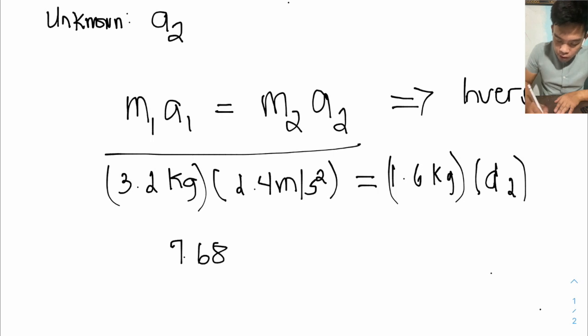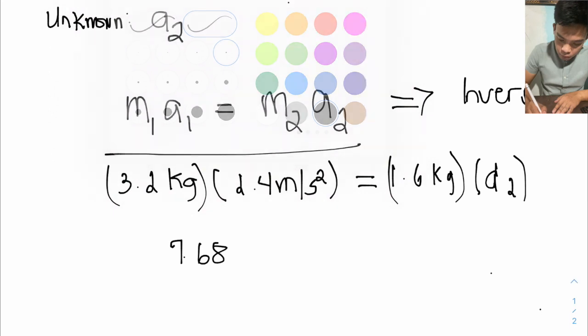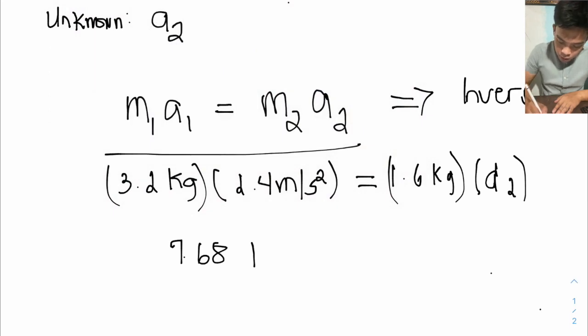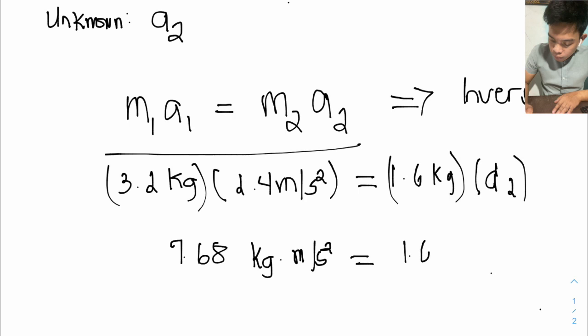So our unit is kilogram, again, this is multiplication. Our unit is kilogram meter per second squared, is equal to 1.6 kilogram multiplied by A2, or the acceleration.